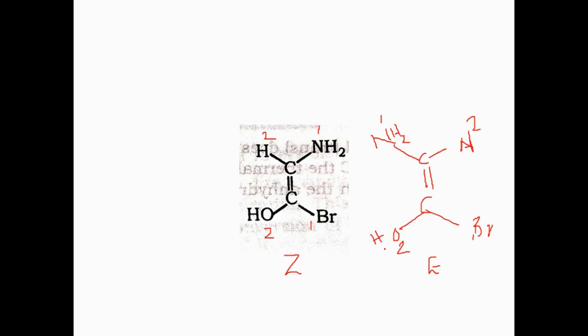Next one. Assign E or Z designation for the molecule. In this case, the carbon is bonded with oxygen and carbon. The atomic number of oxygen is greater than that of carbon, so we give priority 1 for oxygen and 2 for carbon. On this side, the carbon is bonded with a methyl group and chlorine.